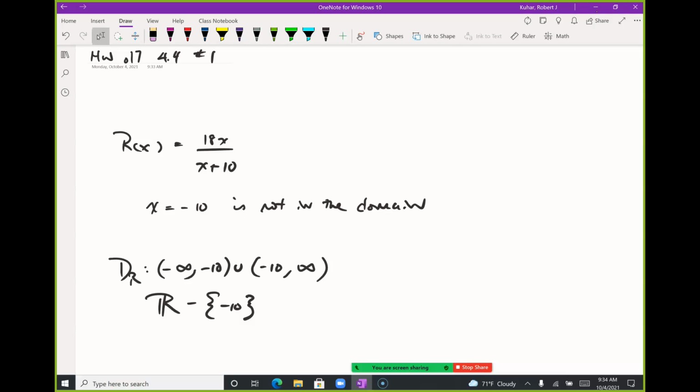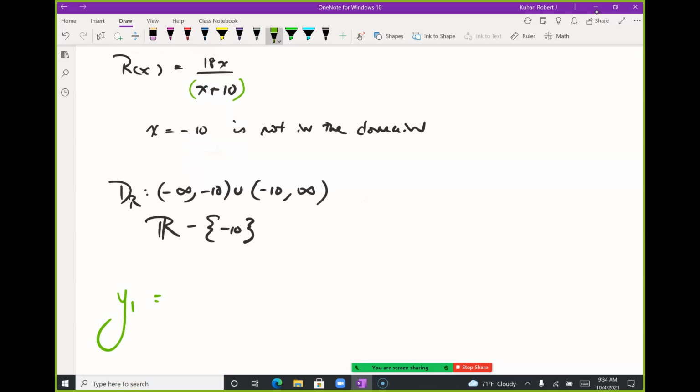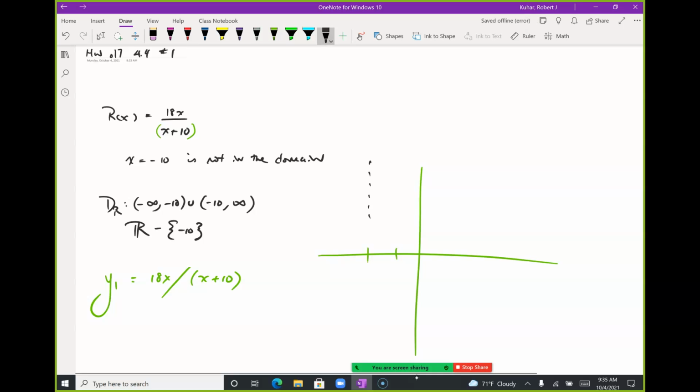So this is in standard form. I would definitely have to wrap the downstairs in parentheses if I'm going to graph this: 18x divided by parenthesis x plus 10. You're going to get pretty good at graphing these without anything, because at negative 10 there can't be a point, so there's got to be some kind of line here.